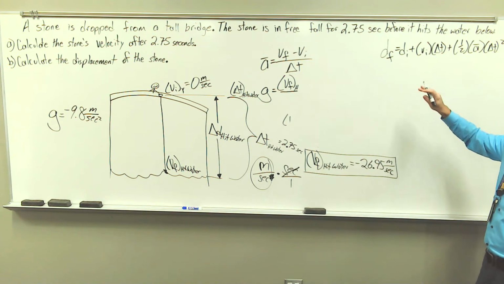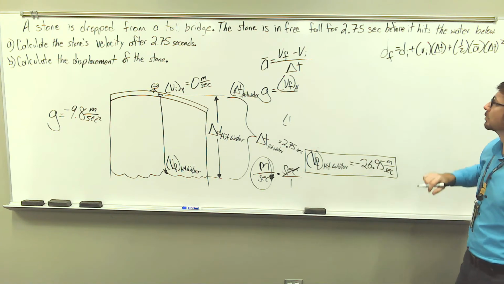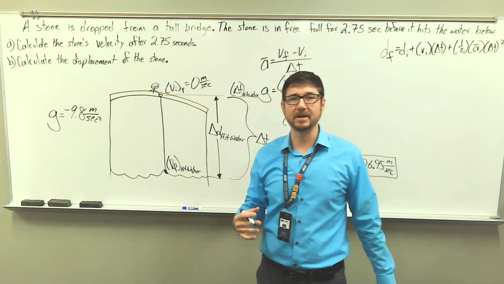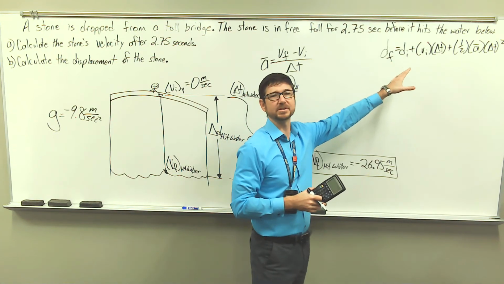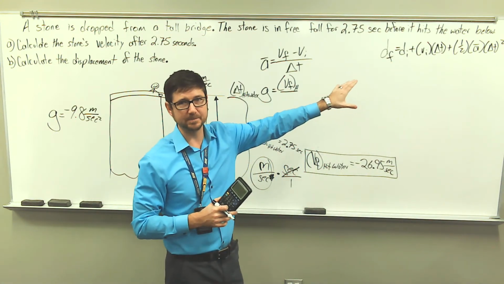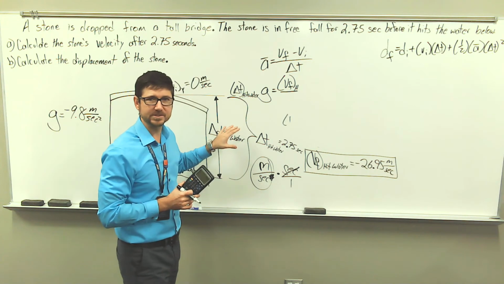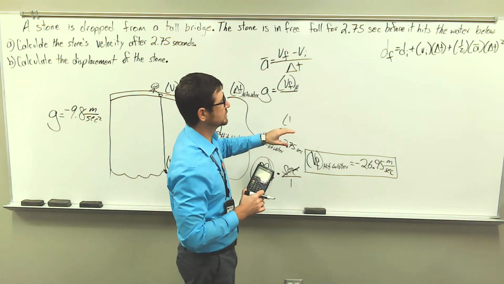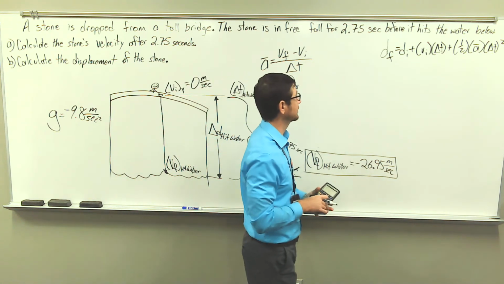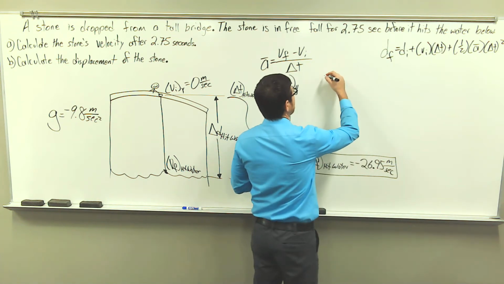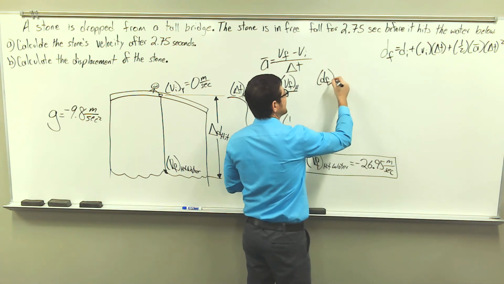Okay, now what I want to do at this point is be a little bit more specific with my variables. So we're going to use this equation, but we want to adapt this base equation to our situation. So I'm going to be more descriptive with our variables. So right here I have final displacement.